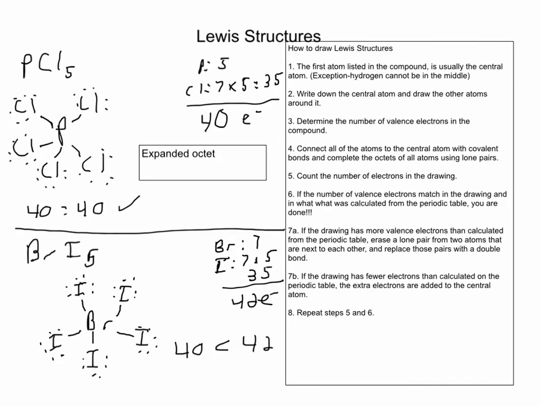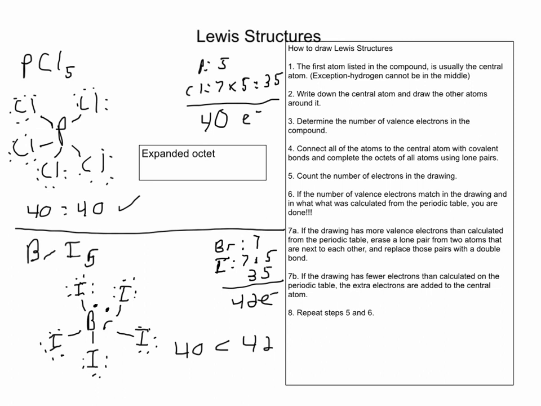So in this case, because we have fewer electrons here than what we calculated on the periodic table, those extra electrons, the 2 more that we need, are added to the center atom. Again, this is okay because we are allowed to have an expanded octet.